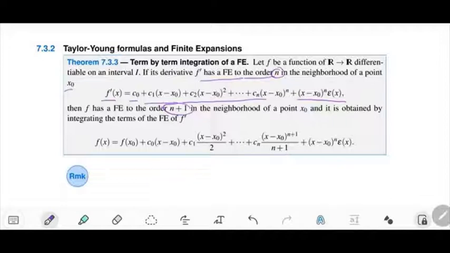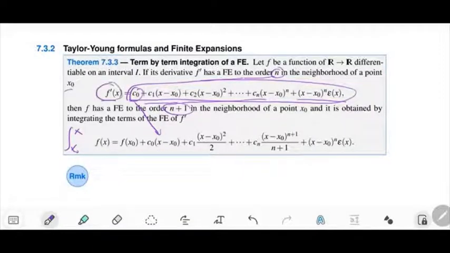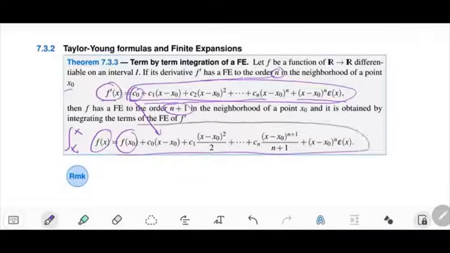So when you integrate this, you will have c0 times (x minus x0), because you will integrate it between x0 and x, and the integral of f prime will be equal to f of x minus f of x0. So f of x will be in here and f of x0 will come in here, and then you will have this expression for the integral of the finite expansion of f prime.